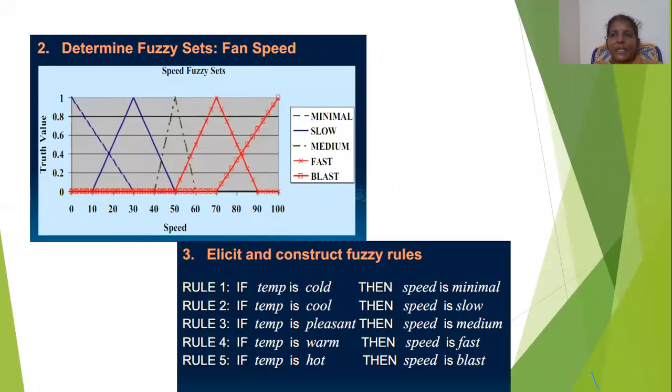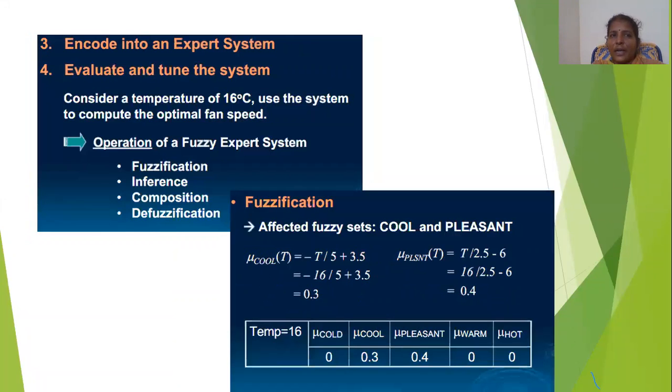From that you are framing your fuzzy rules. Once you frame your fuzzy rules, you encode them into the system. Then evaluation and tuning of your system, which will come through inference and composition. Finally, defuzzification, the conclusion.